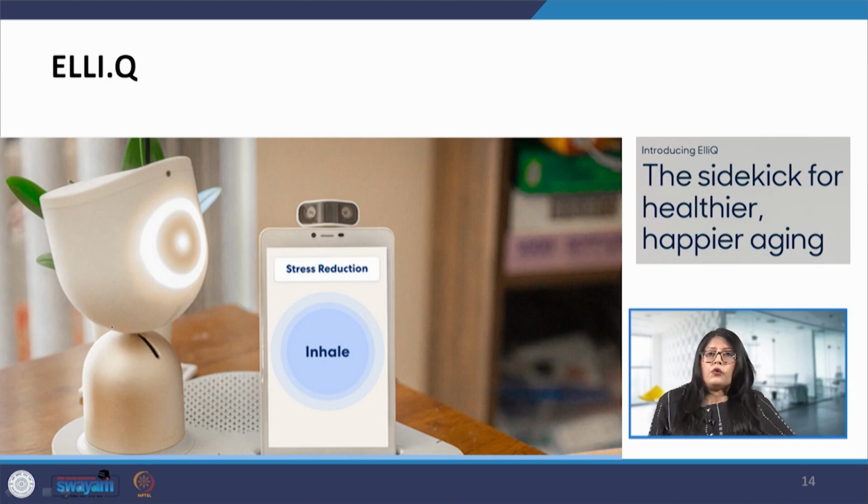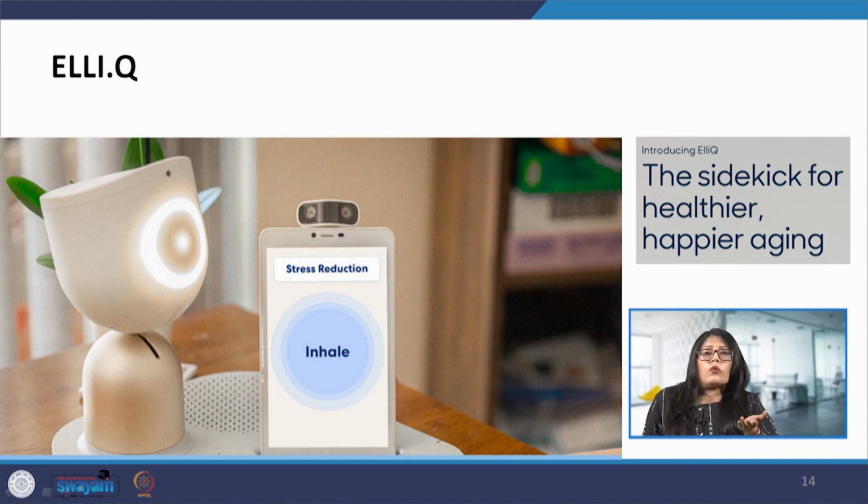So this LEQ robot was recently launched, and during the pandemic it actually provided a lot of comfort to many elderly people, and they felt very connected to it emotionally, and some of them even called it their sister or brother.